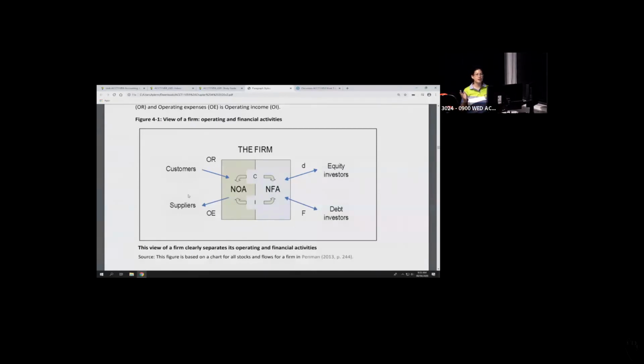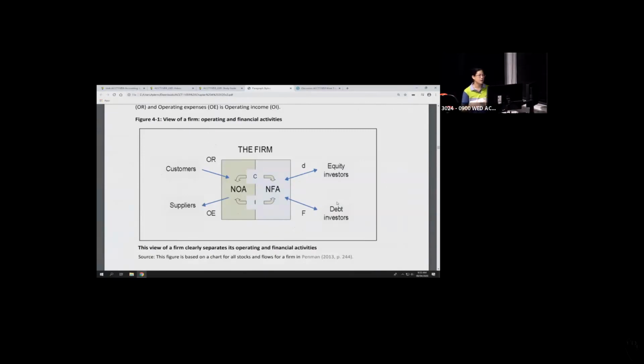So this is an individually unique company by company, line by line exercise that every person has to undertake. You need to understand what is operating and what is financial. And you also have to understand what each of your line items are in your particular firm's financial statements in order to classify them into O and F.